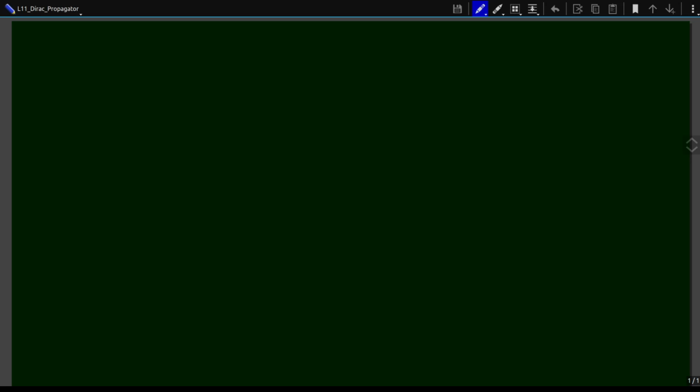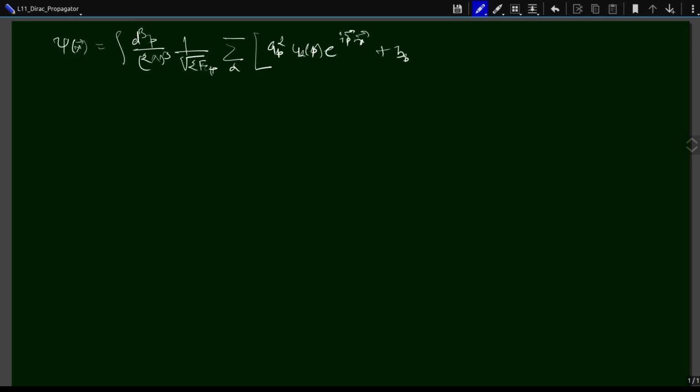What we were able to do is to start with showing a picture of psi of x, a vector: d3p by 2 pi, 1 by square root of, dp, a_p^alpha u^alpha(p) exponential i p·x plus b_p^alpha dagger v^alpha(p) exponential minus i p·x.